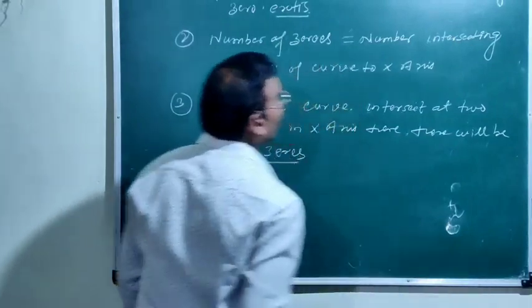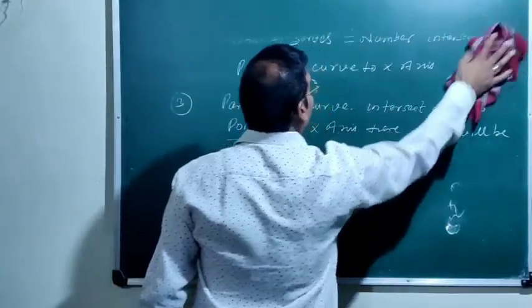Okay, so these are the key points regarding the zeros of the polynomials.